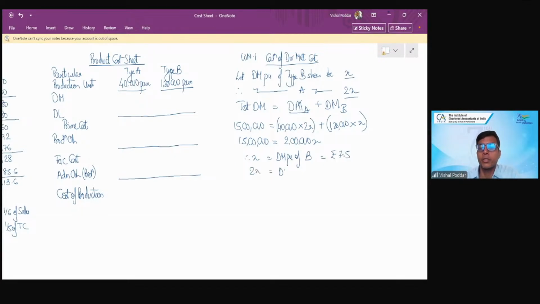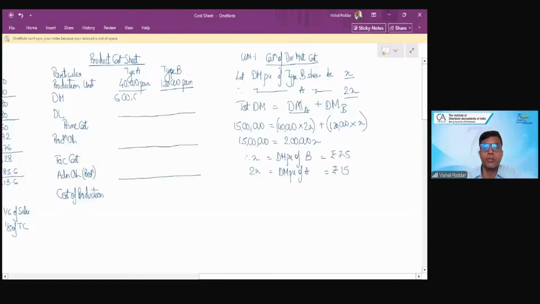2x, which is direct material per unit of A, will be rupees 15. Now it matches with the language, because the ratio of 1:2 is for the per unit material and not the total material. Correct? So 15. Now we have to find out the total.